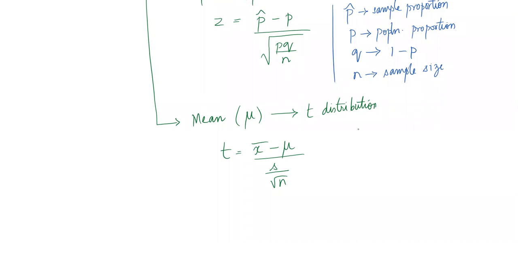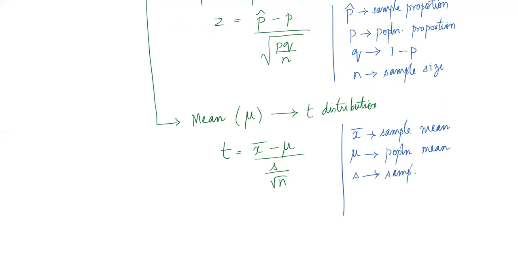So the variables are x bar, x bar stands for sample mean, mu is your population mean, s is your sample standard deviation, and n is your sample size again.